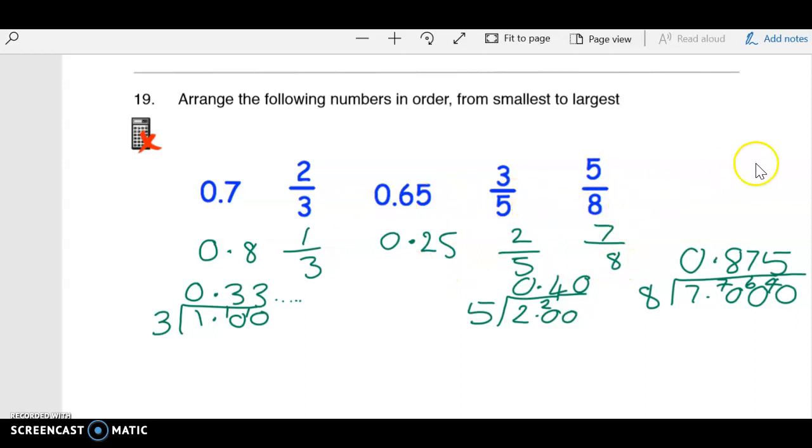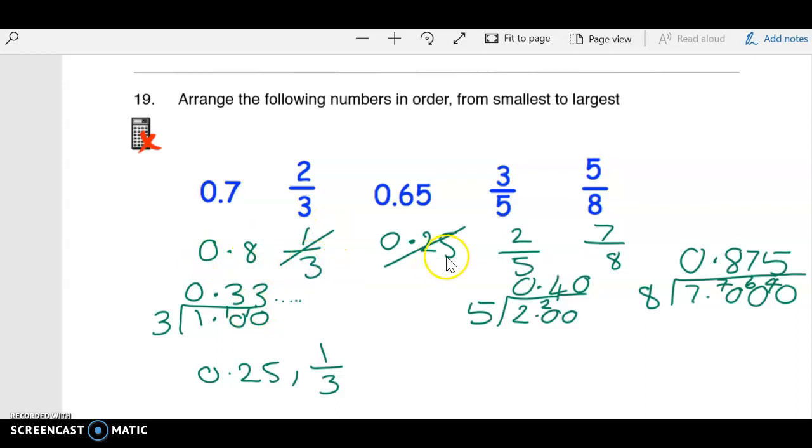So out of my numbers here, we can now write them in order. The smallest one is this 0.25, so that goes first. I'm going to cross it out. Then I've got this one here, which is a third, which is 0.3 recurring. Remember, you write the third, not the decimal that you've created.